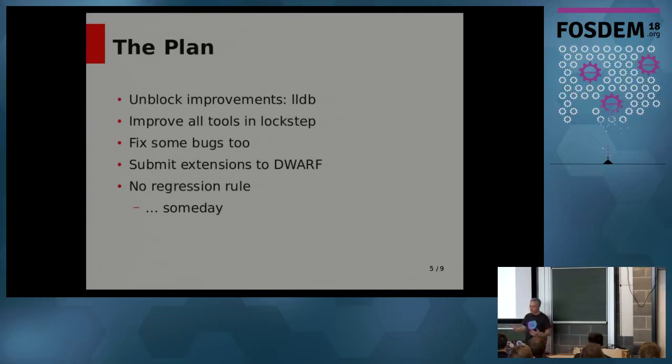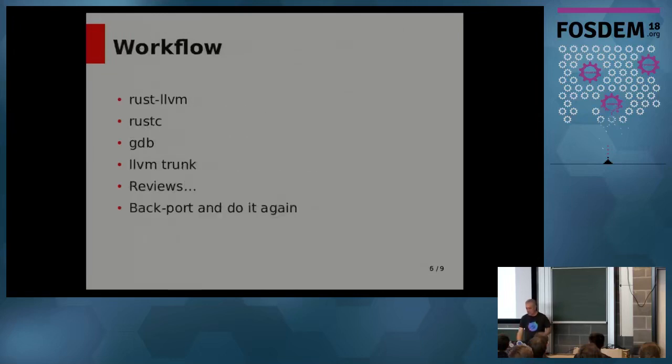So I want to take you through the workflow that I do. For instance, this enum problem I just mentioned, I've been working on a patch series to fix that. The way this patch series looks is, to add enum support, it turns out you have to patch LLVM to add a Dwarf tag called DW_TAG_variant_part, which is for variant types. It was introduced for Pascal, but we can reuse it for Rust.